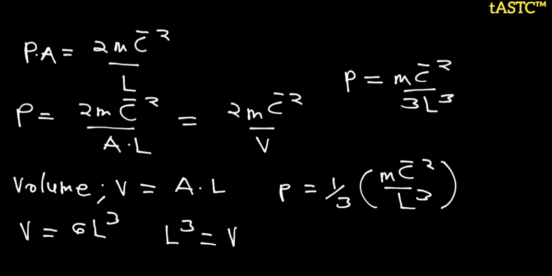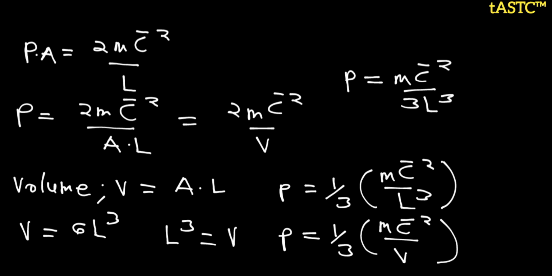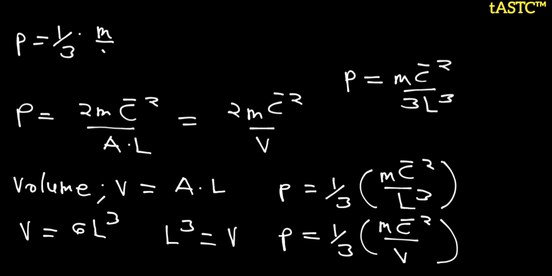So that gives us a volume. So I'm going to change it. We would have this be equal to 1 over 3 multiplied by m c bar squared divided by V. Okay? So let us expand that expression. We have P equal to 1 over 3 multiplied by m divided by V, and this is multiplied by c bar squared.